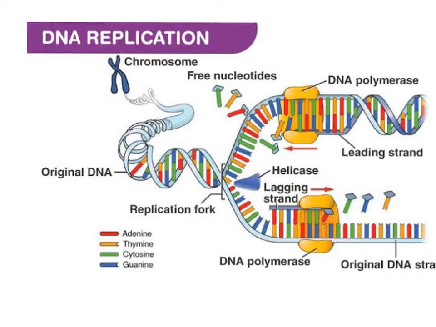And then each half of that DNA is then copied again. And what we end up with, we started with 1 DNA strand, and now we have 2 identical copies of the DNA. And that's called DNA replication.